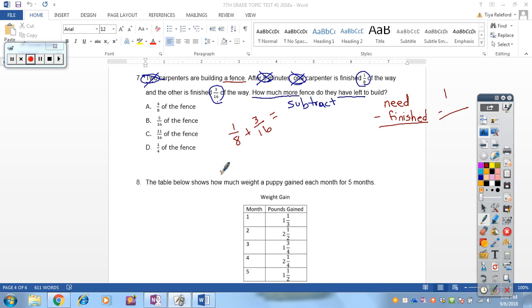Our first rule for adding fractions is to write a common denominator. This is where we make some of our mistakes. So this might be your sentence, depending on your work. I have 8 and 16. What could be my common denominator? 16, right? Well, how do I get to 16?